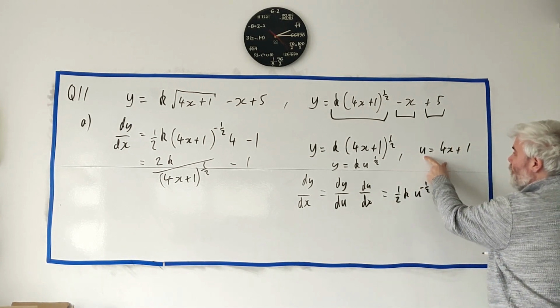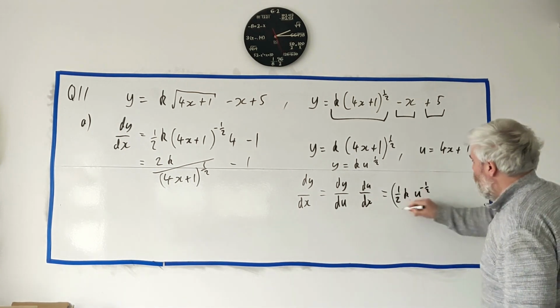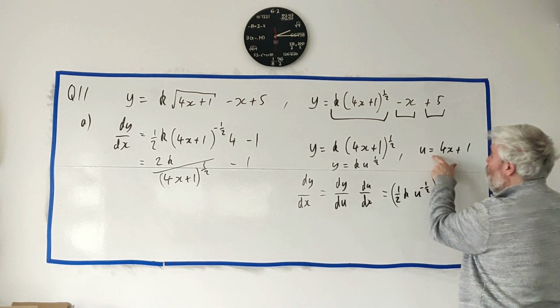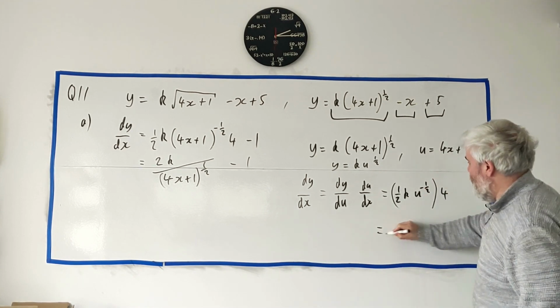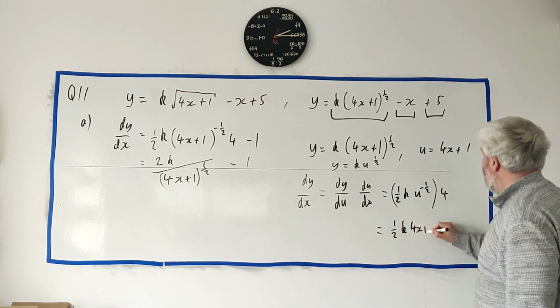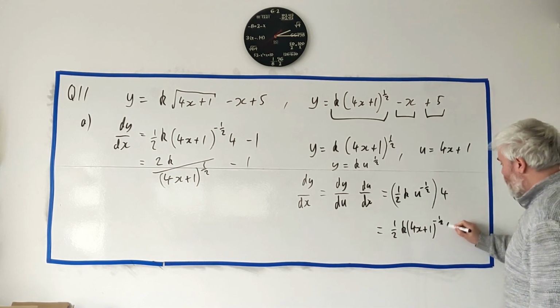The derivative of 4x plus 1 is 4, so multiply that by 4. And u is just something we replaced, so let's replace it back. That's a half k (4x plus 1) to the minus a half, multiplied by 4.